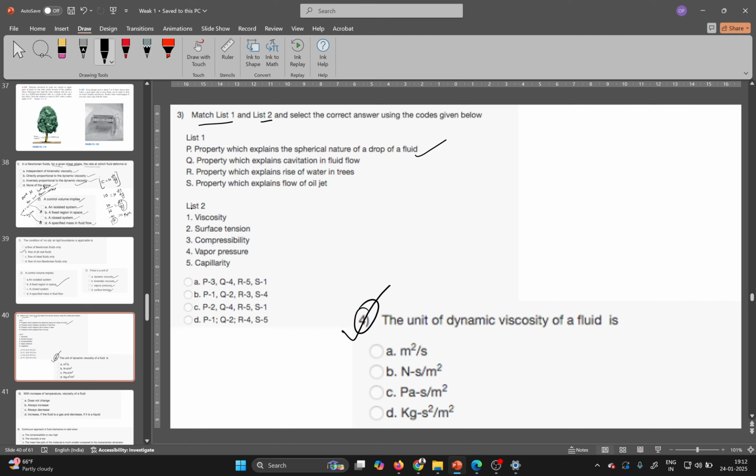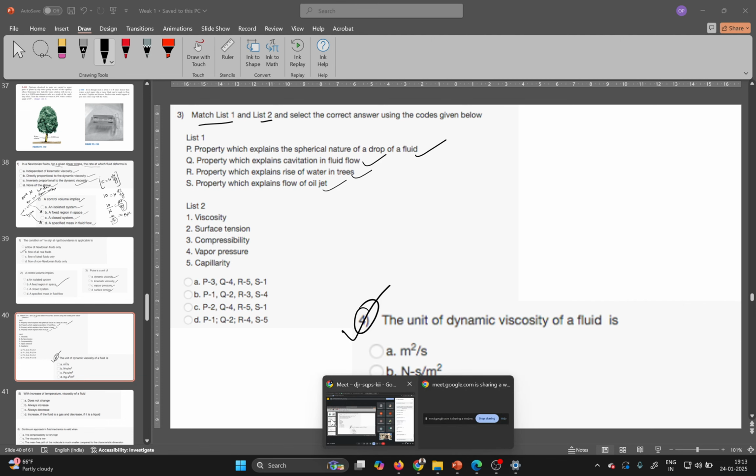Q is the property which explains cavitation in the fluid. Next, the property which explains rise of water in trees, and next the property which explains flow of an oil jet. And list 2: viscosity, surface tension, compressibility, vapor pressure, and capillarity.